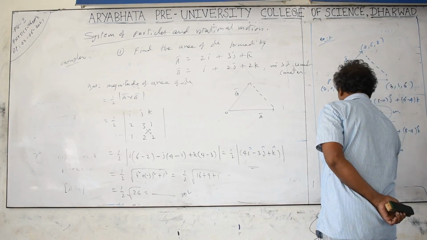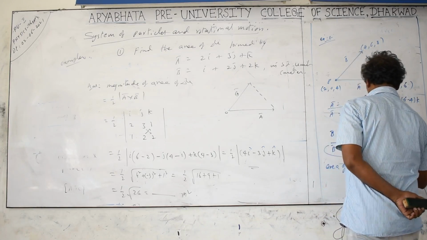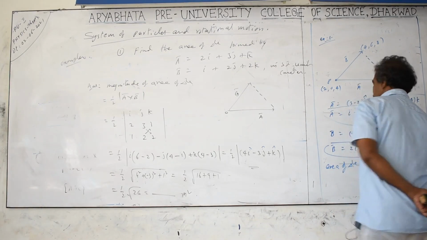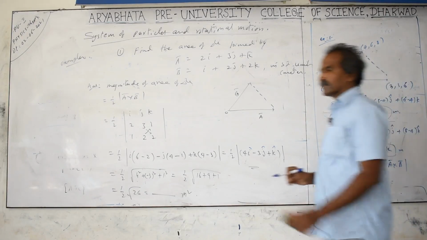So the area of the triangle is equal to half into modulus of A cross B, same as before you have to take. Similarly, for the parallelogram law also they may give the coordinates, so we check the procedure.